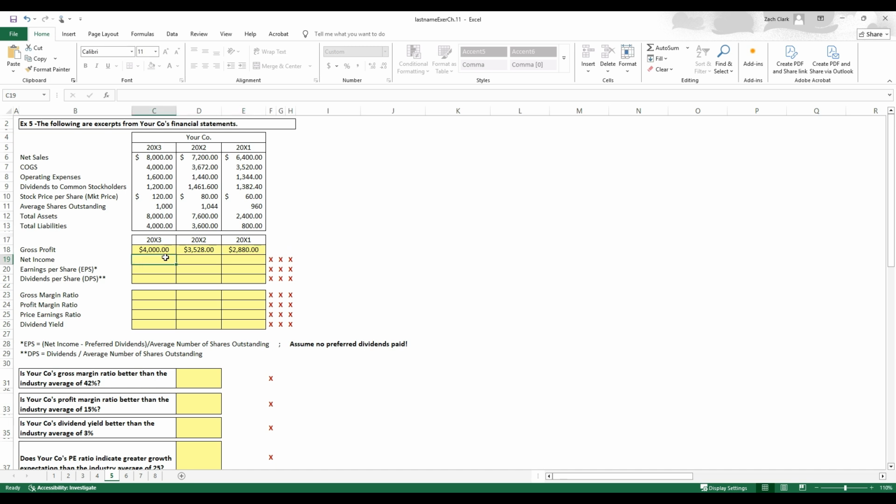And then net income is going to remove from that amount the operating expenses, to reduce gross profit by our OPEX, operating expenses.